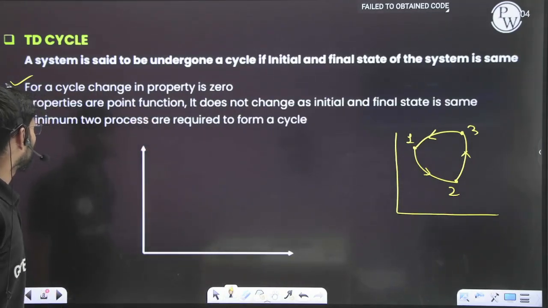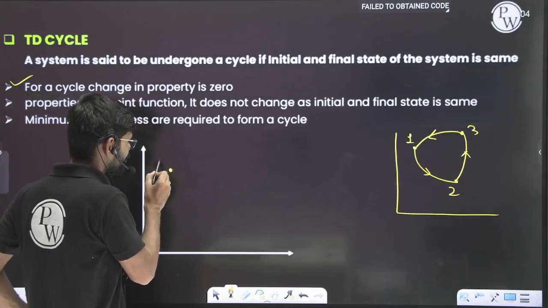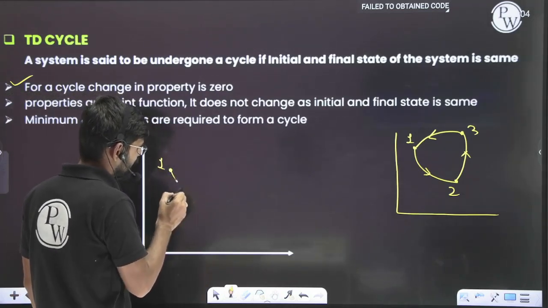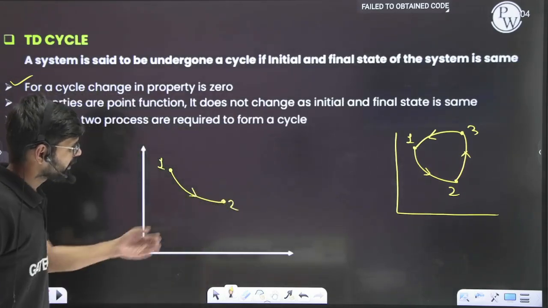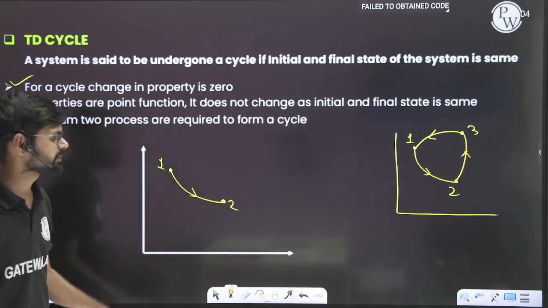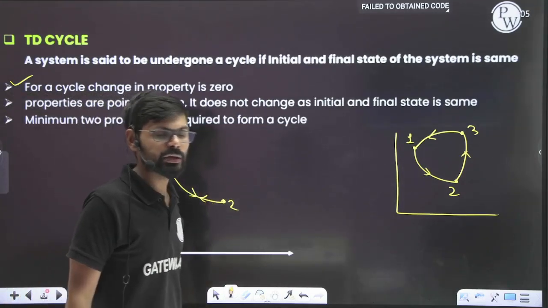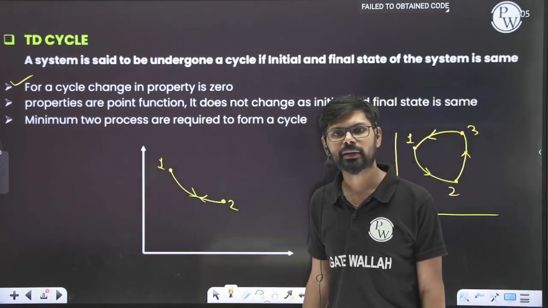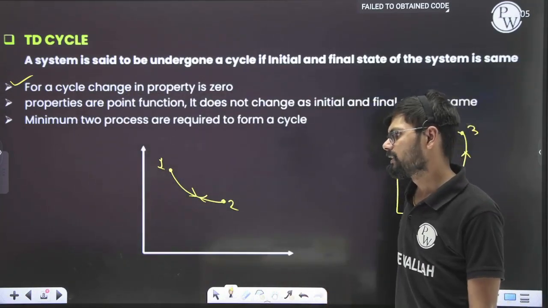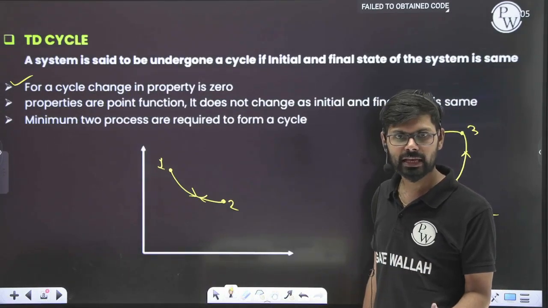Now one more fact I would like to share here. Sometimes students ask, sir, suppose this is the initial point and we move from 1 to 2 through this process. If I reverse the same process, we come from 2 to 1 by the same process. Is it a cycle? Actually no, it is not considered a cycle. A cycle must enclose some area.